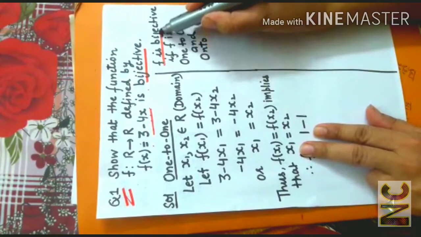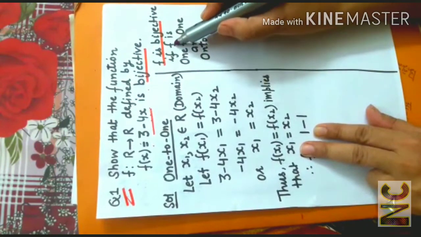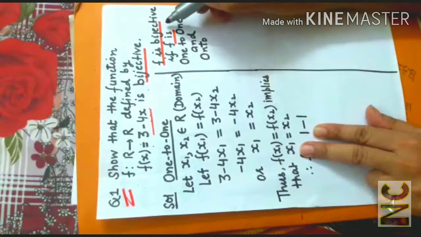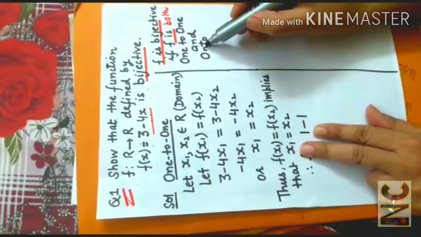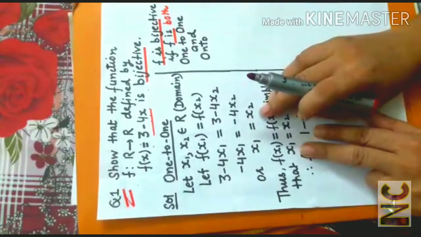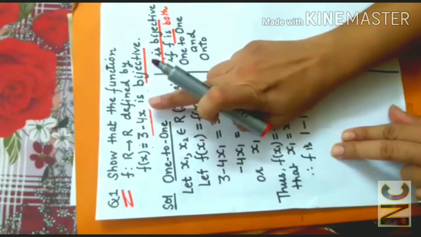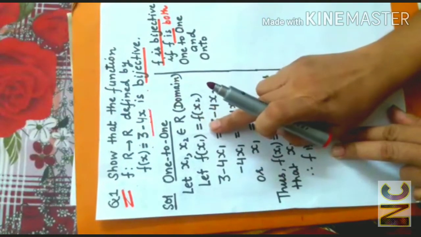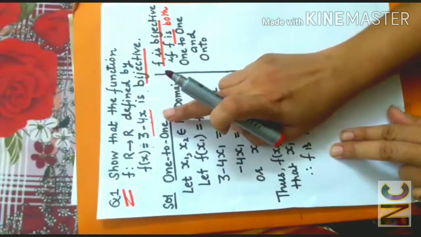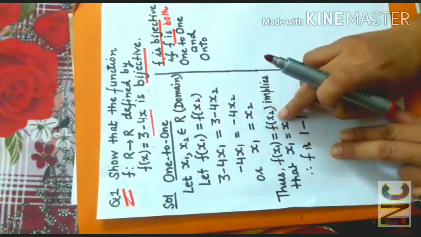A function f is bijective if f is both one-to-one and onto. So in order to show that this function is a bijection, I need to show that this function is both one-to-one and onto.